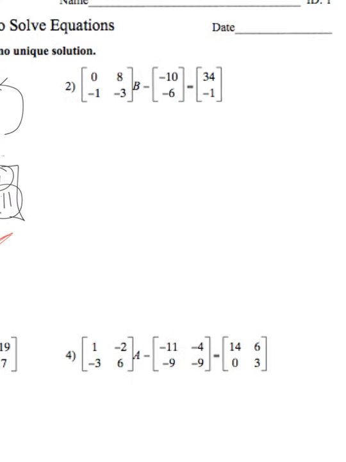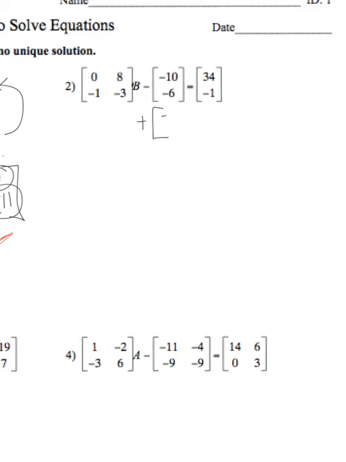Okay, let's take a look at number 2. It's almost the same thing. But now look, this one's going to be a little bit more significant. Now I've got a matrix times B, and B is capital, so B is another matrix. So this is going to be a matrix times a matrix, and that's much more difficult when we were doing the multiplications. So first of all, one of the things I'm going to do is just move this matrix over.